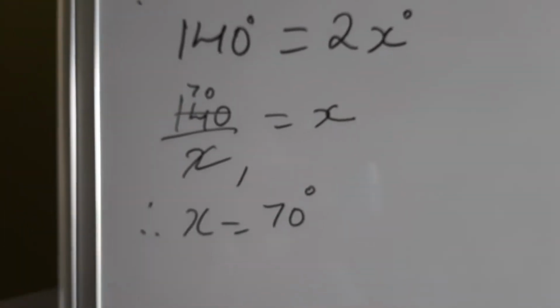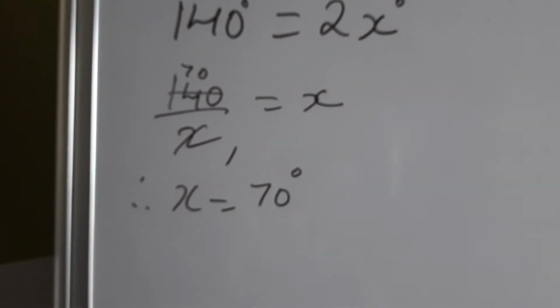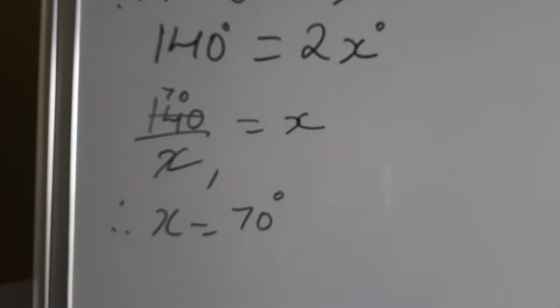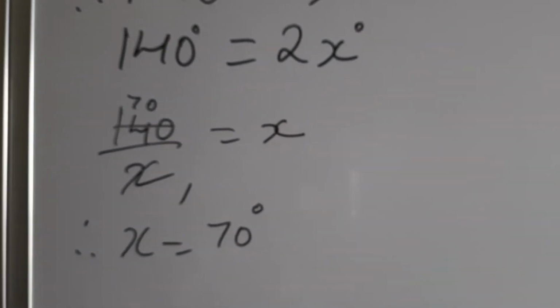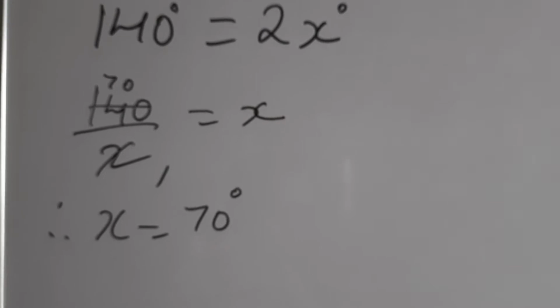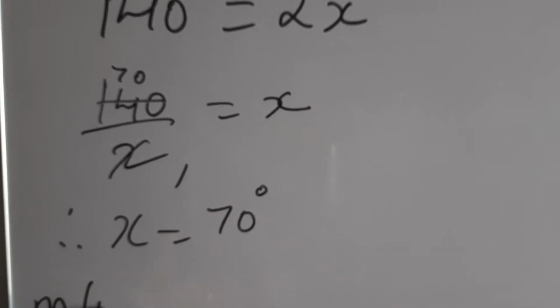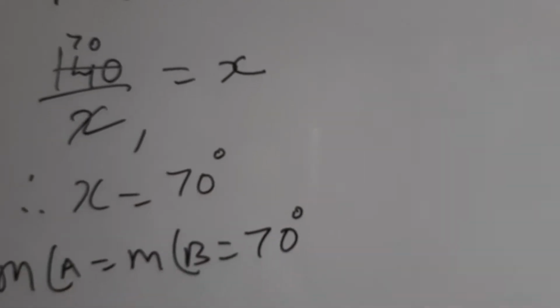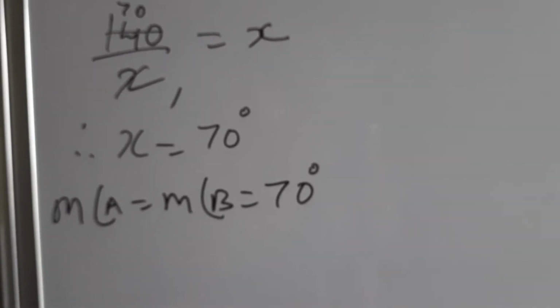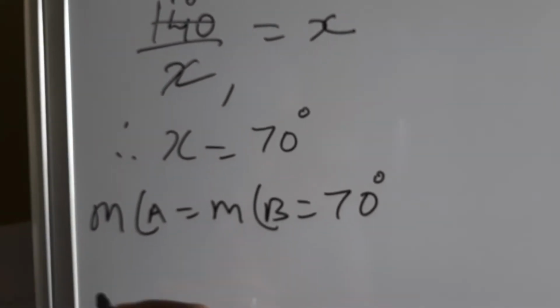Did you all understand that, children, very clearly? Yes. If x is equal to 70 degree, what did we take as x? Angle A equal to angle B. Therefore, measure angle A equal to measure angle B equal to 70 degree. If you want to write separately also, you could write it down as your final answer.